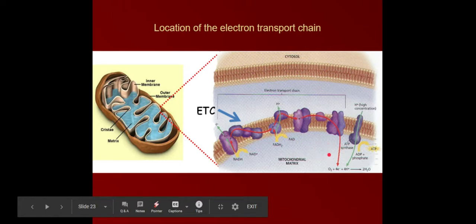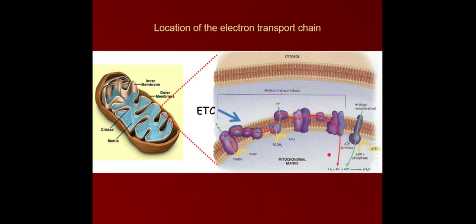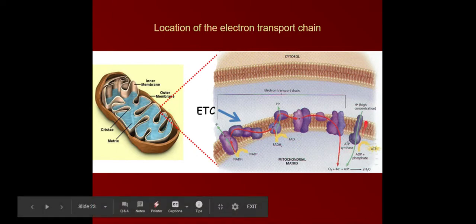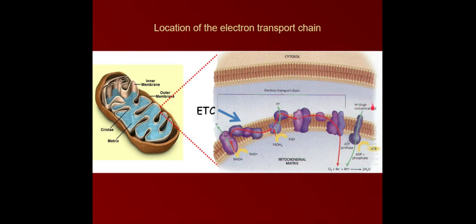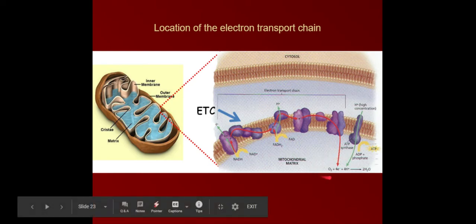If you think back to diffusion, molecules move from an area of high concentration to low concentration. It's the same idea here, where the molecules move from the high concentration in the inner membrane space into the mitochondrial matrix, where there is a lower concentration of hydrogens.